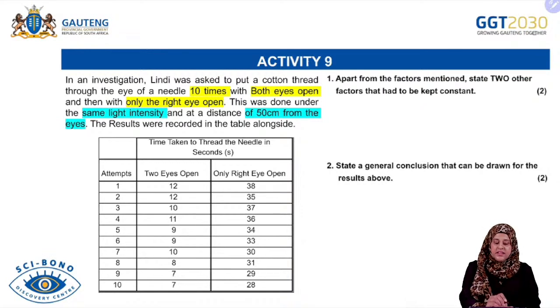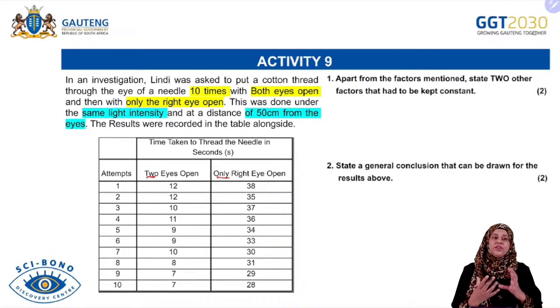We are in an investigation. Lindy was asked to put cotton thread through the eye of a needle 10 times, right? So first with 2 eyes open, and then only with 1 eye open. So we are manipulating that. We are saying 2 eyes and we are saying 1 eye. So that's the variable we are manipulating, that is the independent variable.